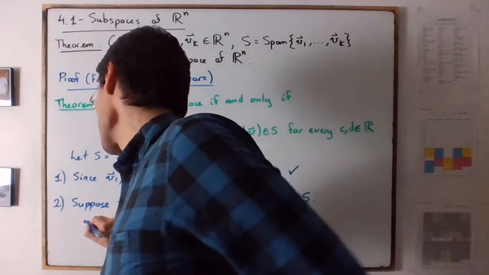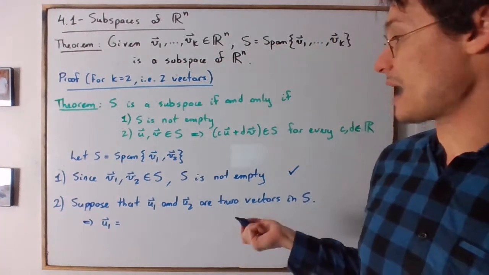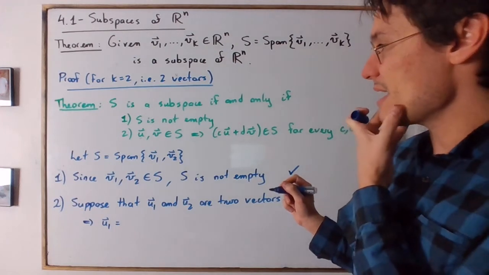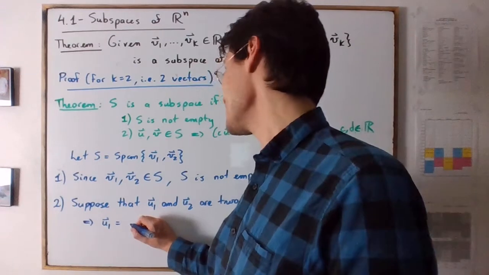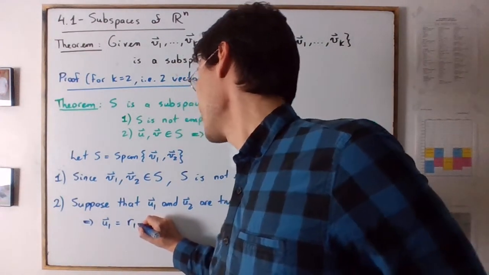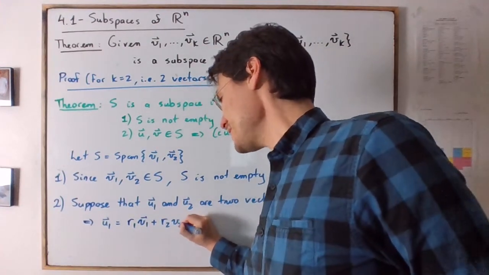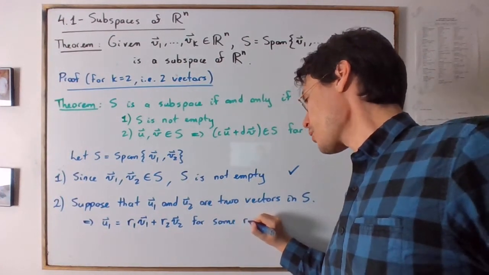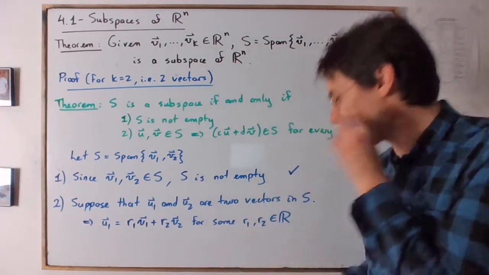So we could write U1 equal to R1 V1 plus R2 V2 for some real numbers R1 and R2.